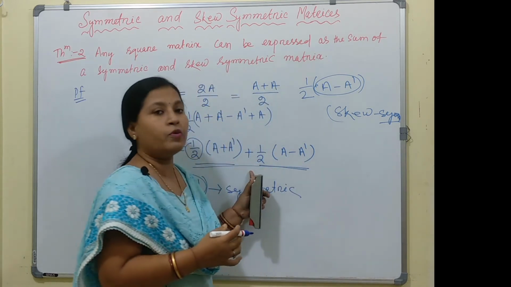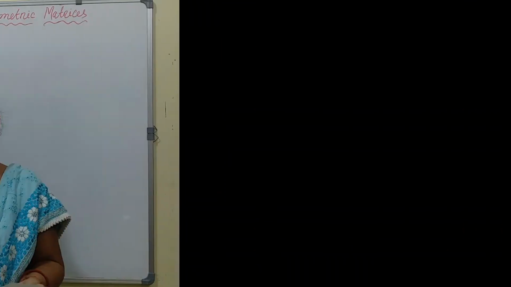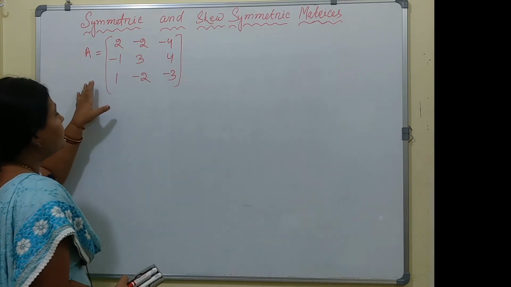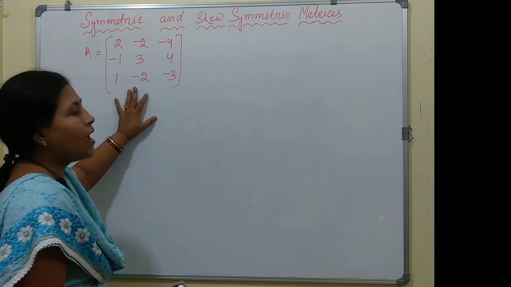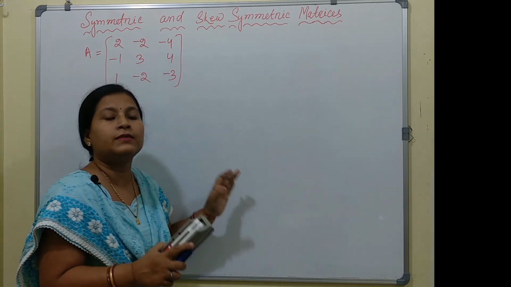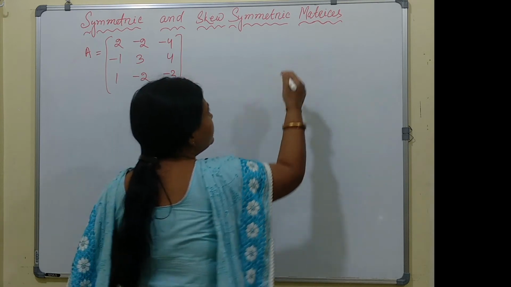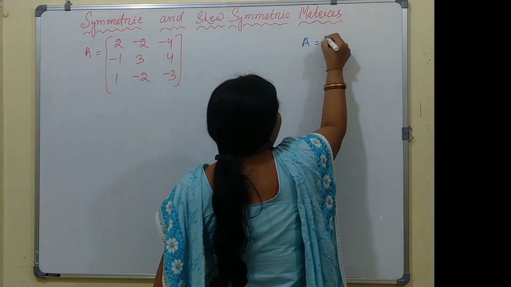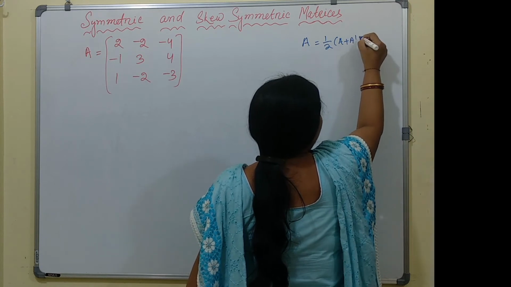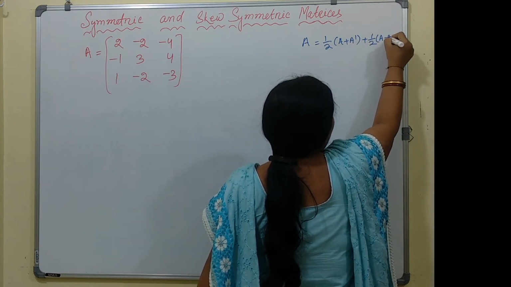So A can be expressed as the summation of a symmetric matrix and a skew-symmetric matrix. This can be proved by taking one example. Let us take one square matrix A, and we can express this A as the summation of a symmetric matrix and a skew-symmetric matrix. We have already discussed A is equal to half whole into A plus A dash plus half whole into A minus A dash.